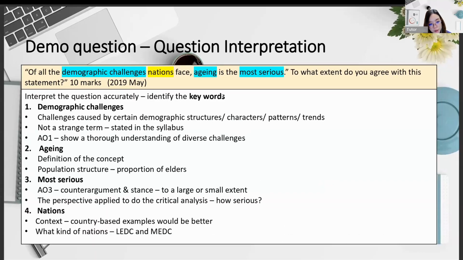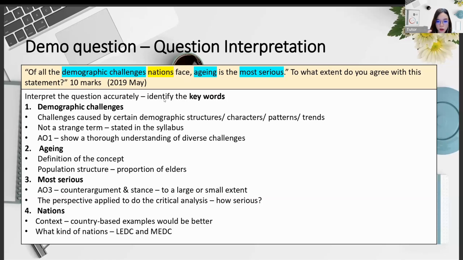And then the next thing, I intentionally use another color to highlight, which is "nation." So for "nation," if you really know a lot about geography, whenever you encounter that word, first of all, the cases that you pick should be country-based instead of city-based if possible. Of course, it depends.